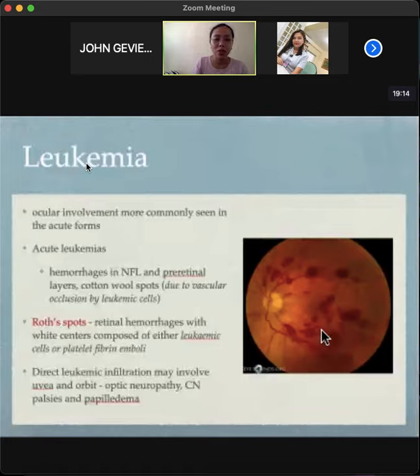So you would see different types of hemorrhages: dot blot, intraretinal, or hyaloid hemorrhages. Cotton wool spots can also be seen, which could be due to occlusion by your leukemic cells. So leukemia, again, Roth spots. So Roth spots are seen in leukemia and infective endocarditis.